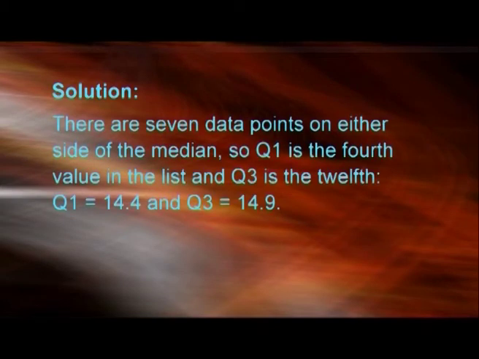There are 7 data points on either side of the median. So, Q1 is the 4th value in the list and Q3 is the 12th. Q1 is equal to 14.4 and Q3 is equal to 14.9. Then IQR is equal to 14.9 minus 14.4, which is equal to 0.5.